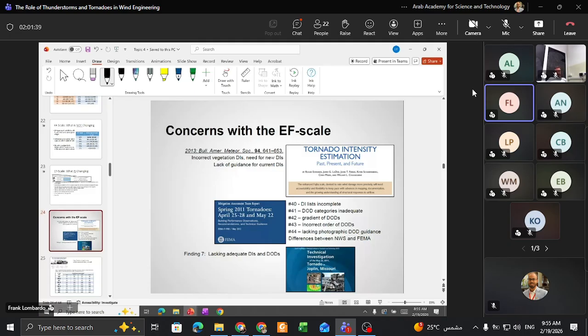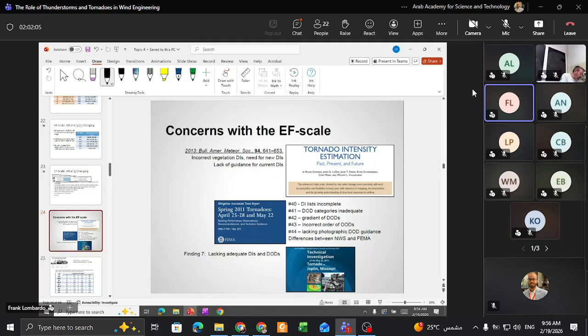There were two particular tornadoes, one in Alabama and one in Missouri, one was rated EF4 and the other was rated EF5, but they really started to show some of the issues with the EF scale, especially when you get to really high wind speeds. There's just not enough information in there for you to make a determination on how intense you think it is.